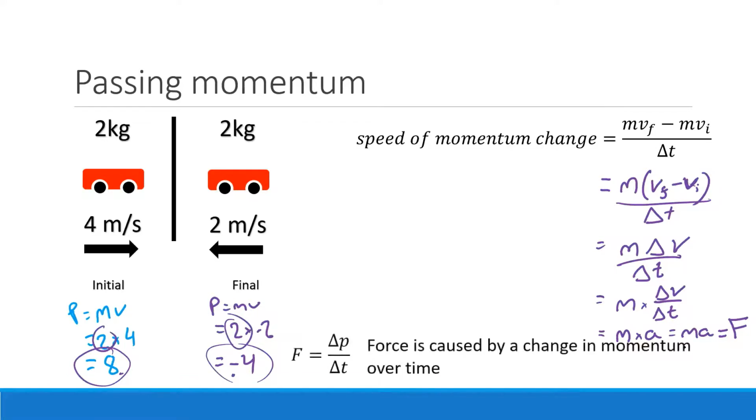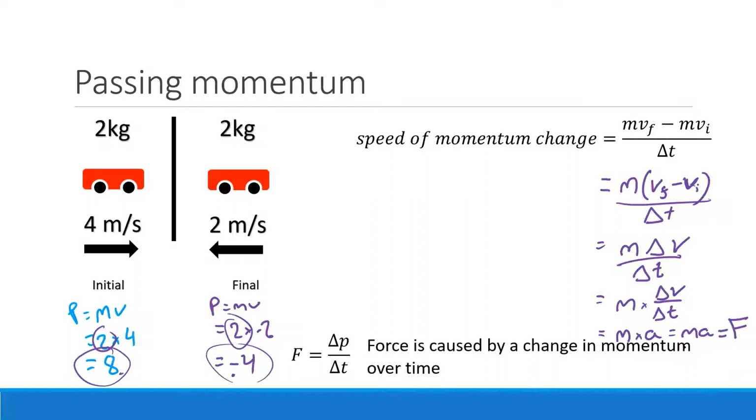What we end up with is this. Force is actually equal to a change in momentum over time. Force is caused by a changing momentum over time, or delta P over delta T. It is exactly the same as F equals ma.